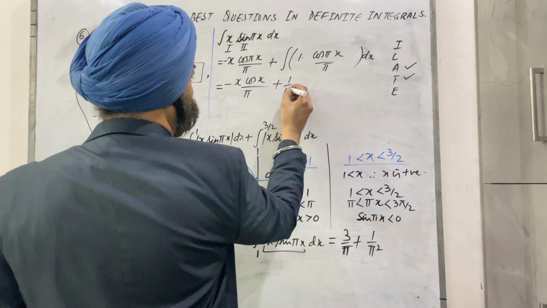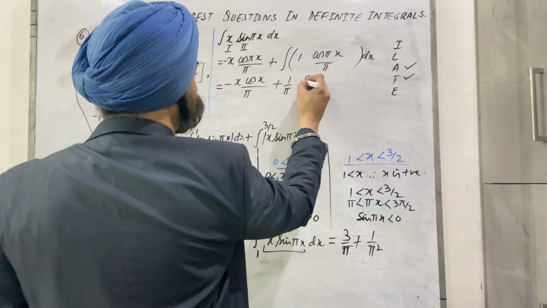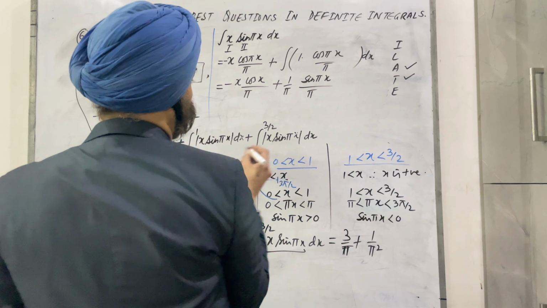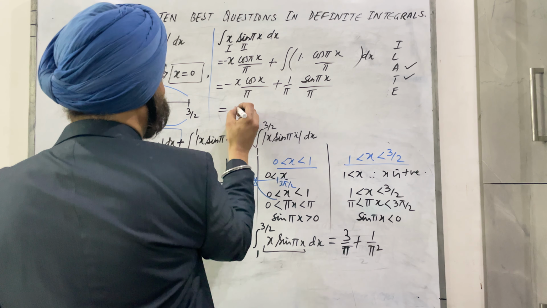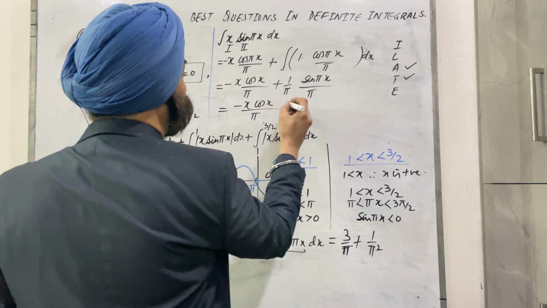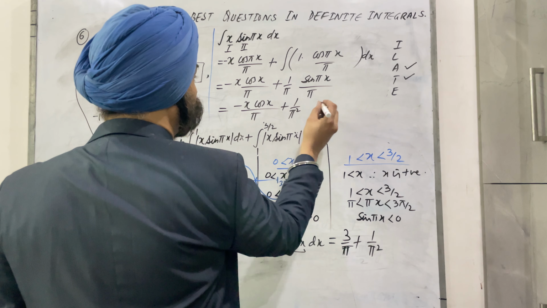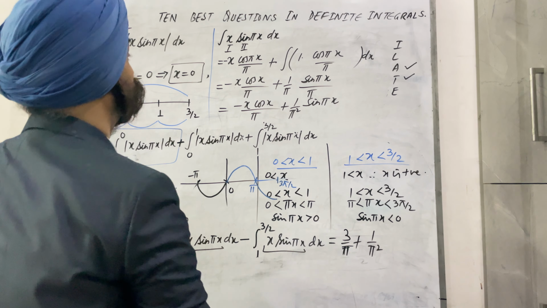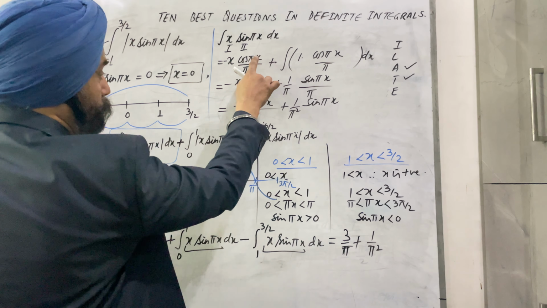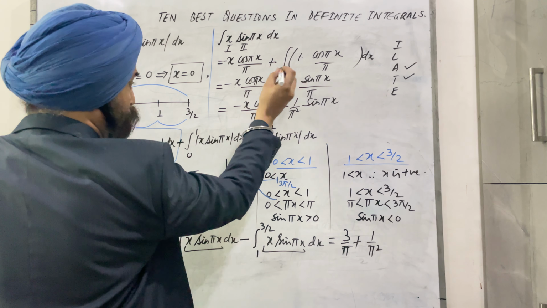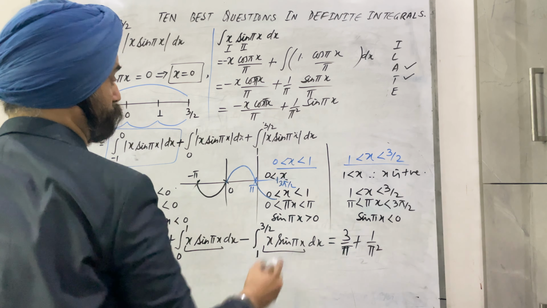I can write 1 by pi outside. Cos pi x integrated gives sine pi x divided by pi. So what we get from here is minus x cos pi x upon pi plus 1 upon pi square sine pi x. So let me make the correction here. This is pi x, so it will remain pi x here also, and it remains pi x here also, right?